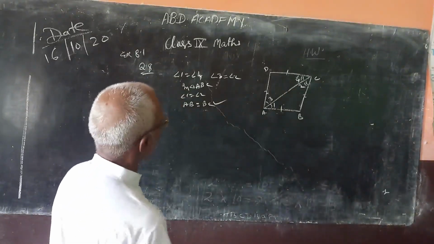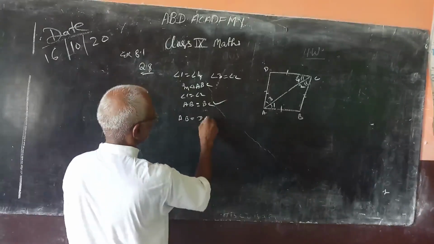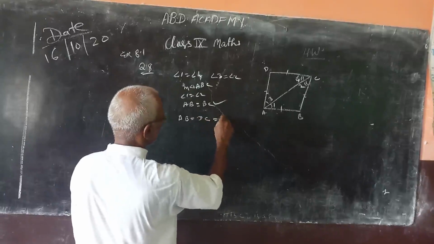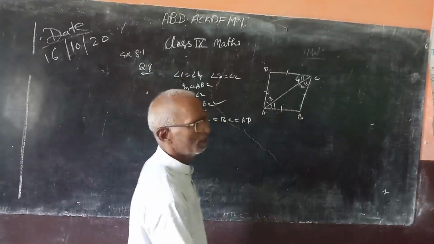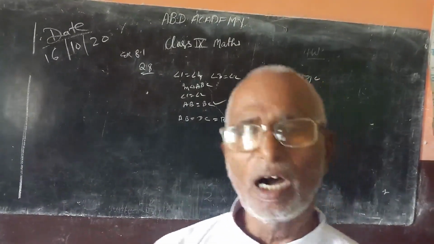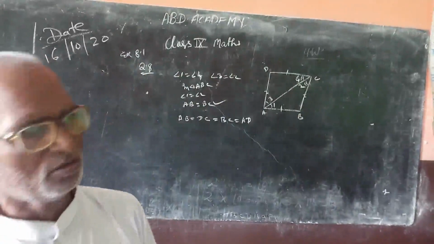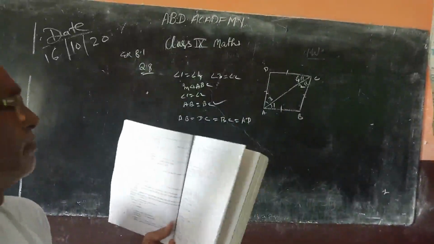In a rectangle, AB is equal to DC, and AB becomes equal to BC also, so it becomes equal to AD. And when a rectangle has all its four sides equal, then it is a square, and it is proved here.